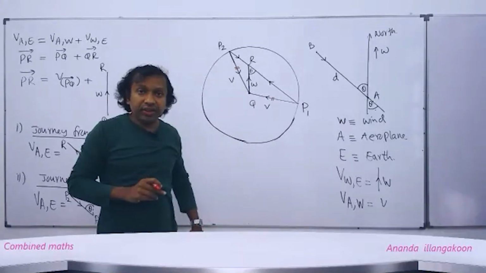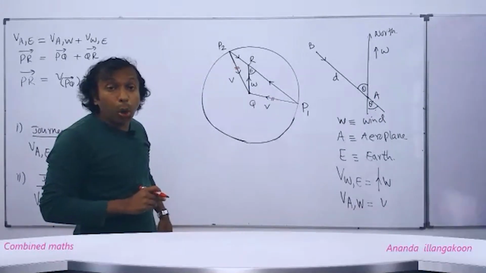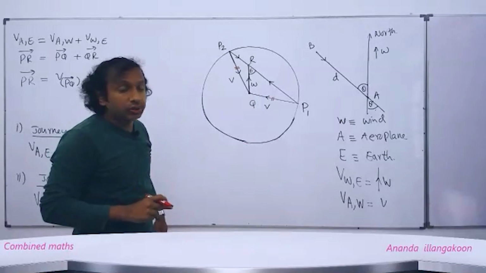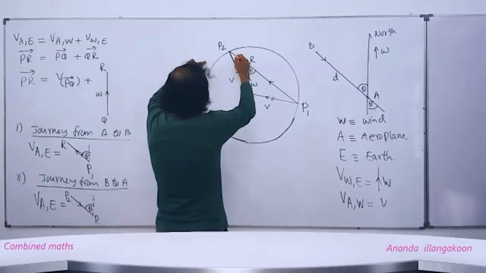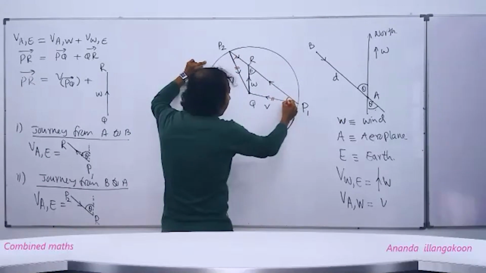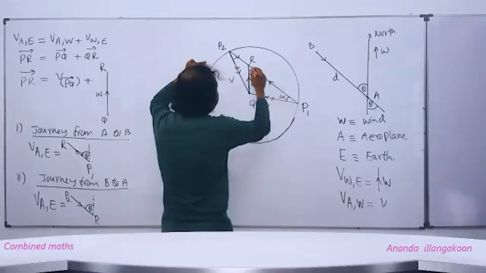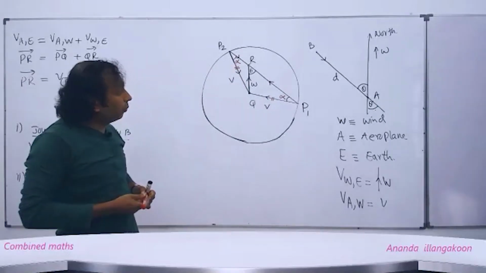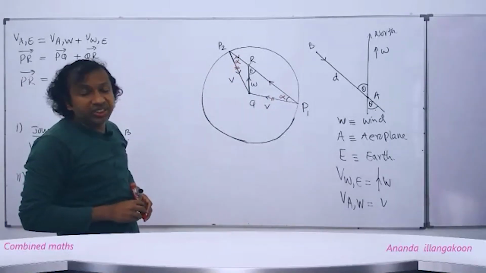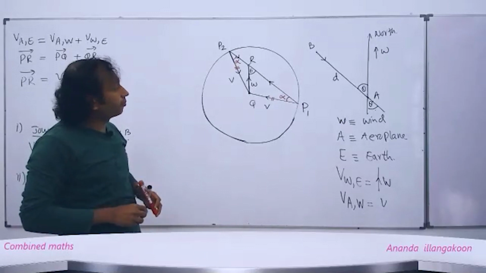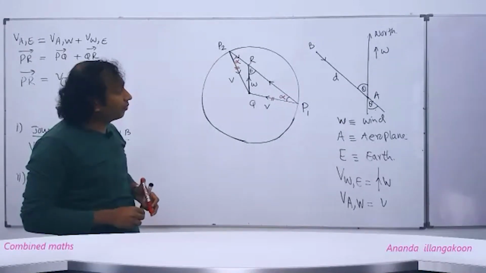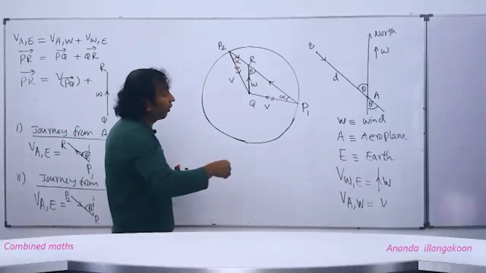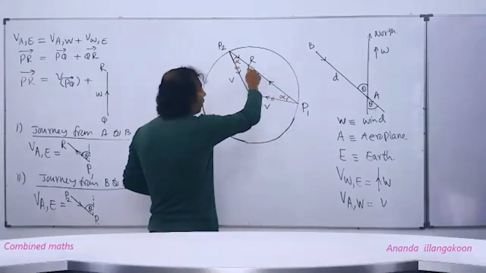Then the angles opposite to equal sides should be equal. So this angle and this angle should be equal. I'm going to take that angle as alpha. Now you can find this alpha by using the sine rule on the triangle P1QR.